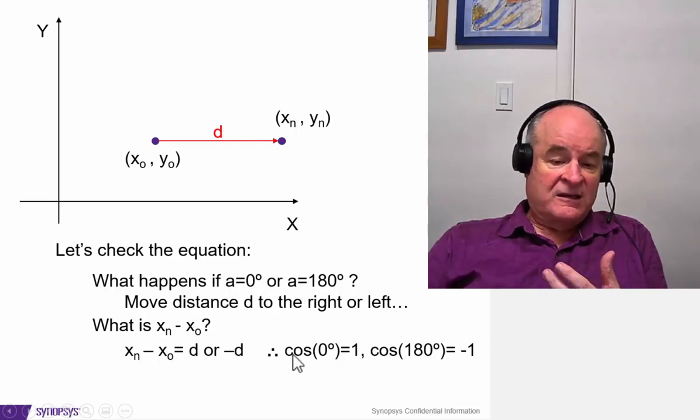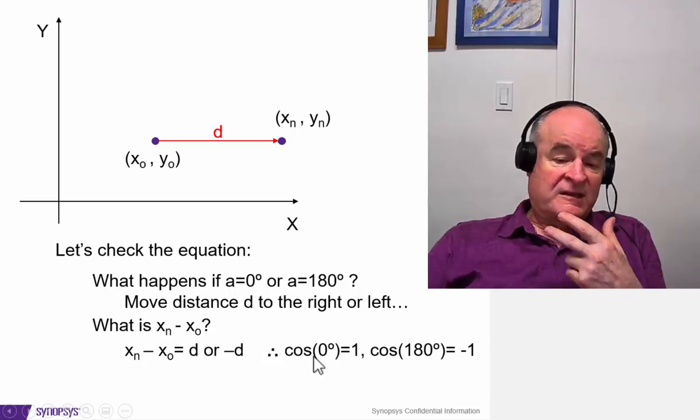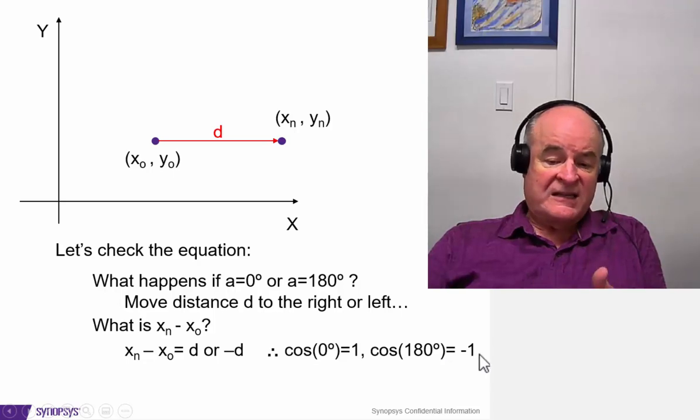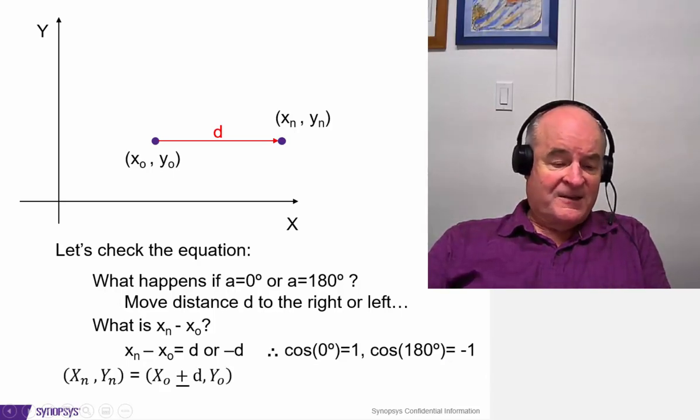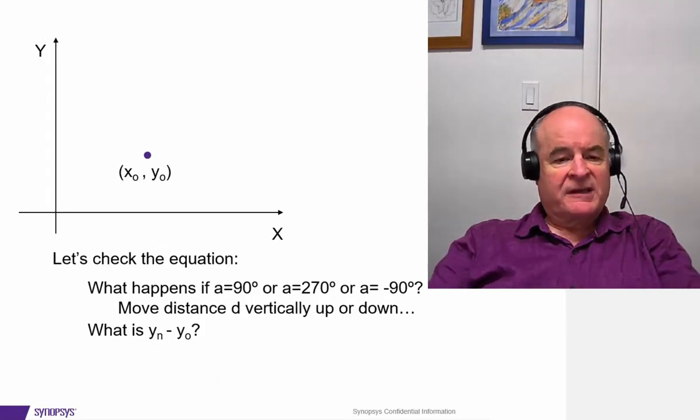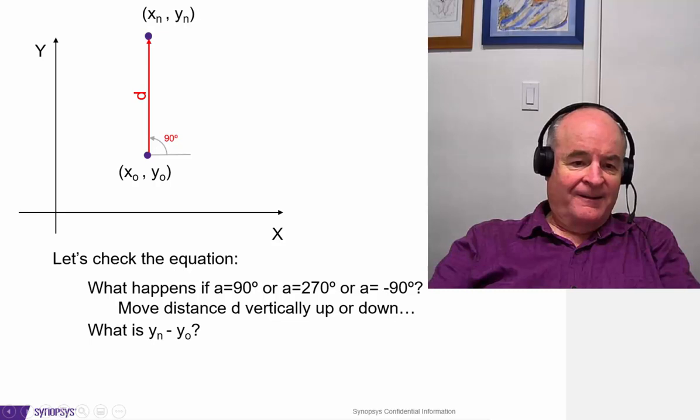That means the cosine of 0 has to be 1, and the cosine of 180 degrees has to be minus 1. We'll check that when we get into Python. So this is our new equation for this horizontal line: xn is x0 plus or minus d, and yn equals y0.